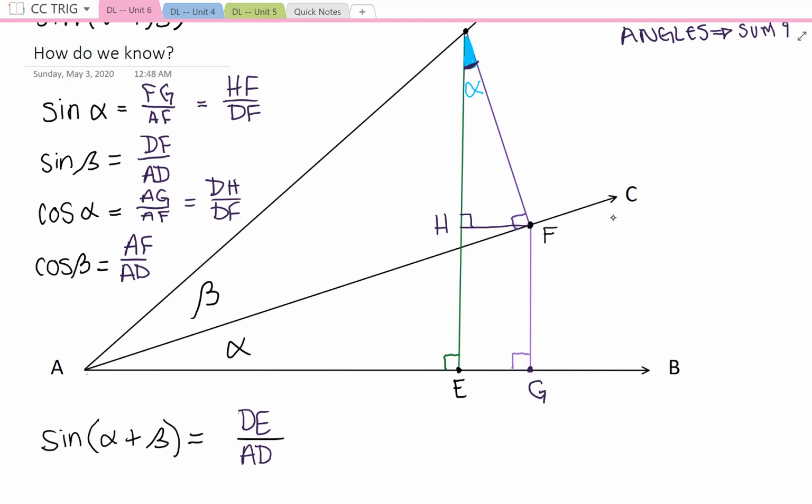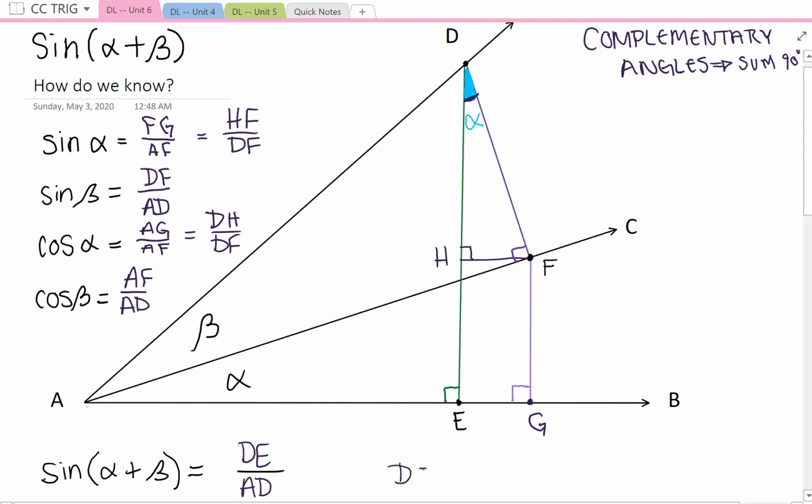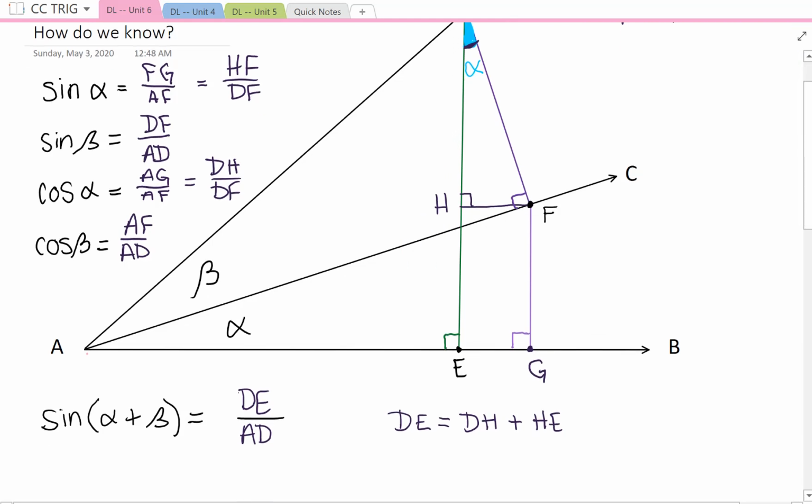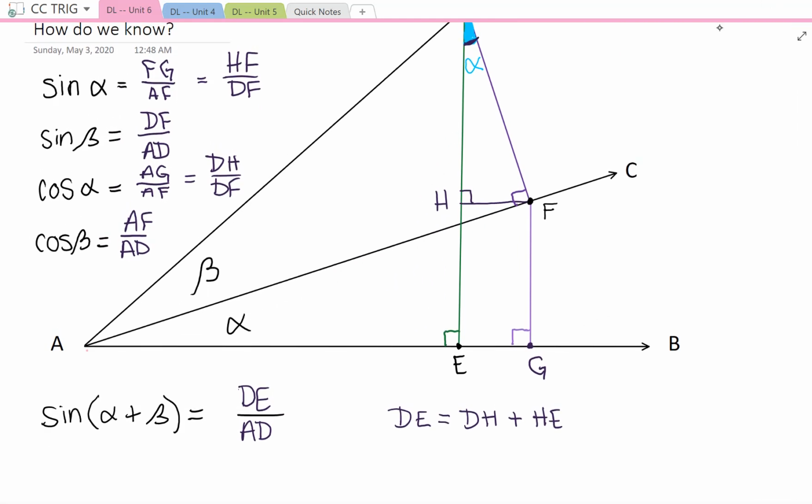To create a formula that related all of these segments, the mathematicians came up with an equation that they knew was true. The length of segment DE is equal to DH plus HE, segment addition postulate. But HE has very little significance because it is not the opposite side of any triangle, the one with alpha or the one with beta.